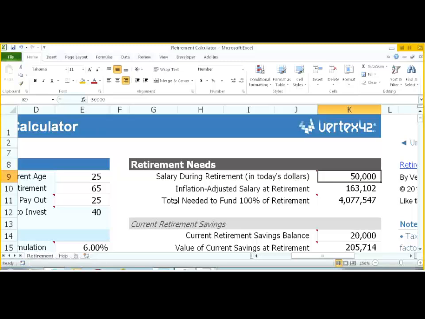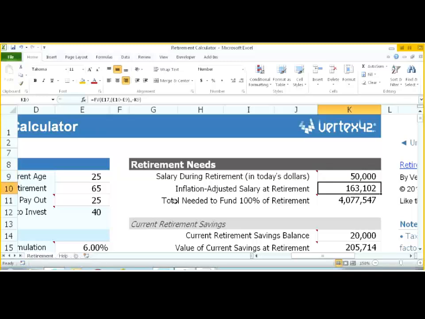A lot of people say 80% of what you're making, because there are expenses you don't have when you're not working, like traveling to work, eating out for lunch, and buying clothes appropriate for work. So there are certain expenses you don't have in retirement that you would have in normal life. In this case, we're assuming the same value.